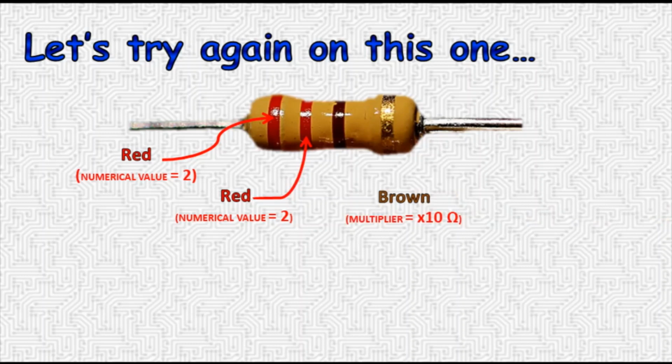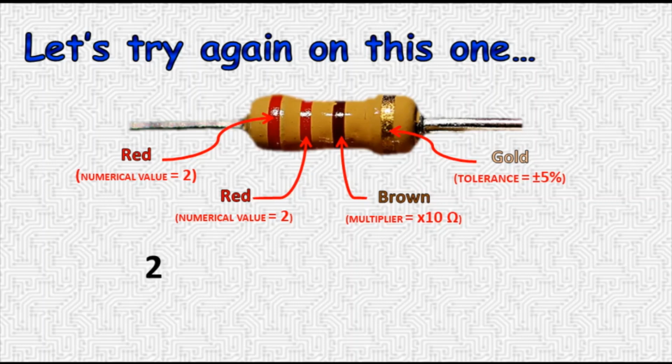Mukha siyang black pero light pa siya sa black. So definitely it's a brown na may multiplier value na times 10 ohms. And the last color band is gold, no? Na may tolerance value na positive, negative, 5%. So, ganyan ang kulay ng gold natin pag nakita natin sa actual resistor.